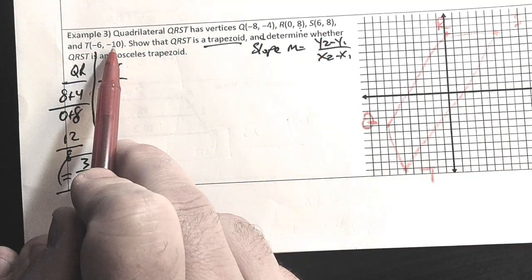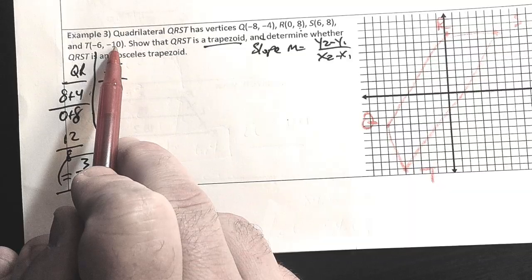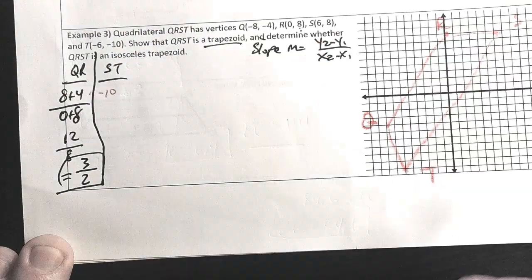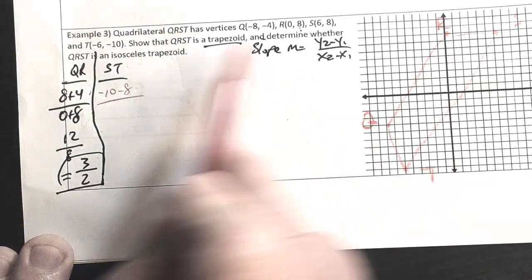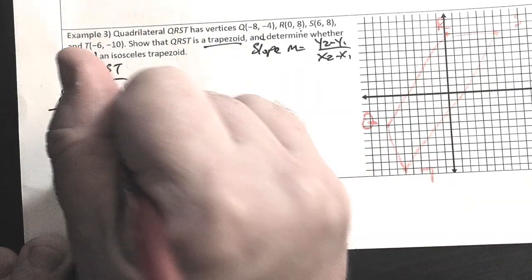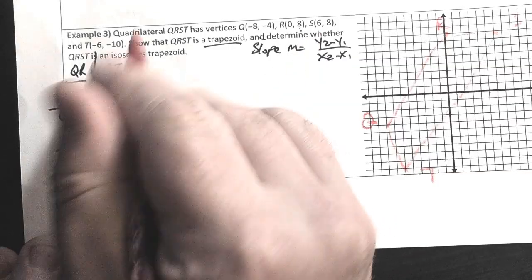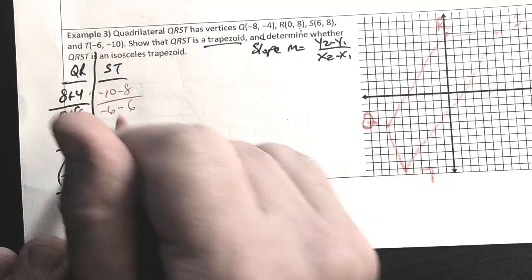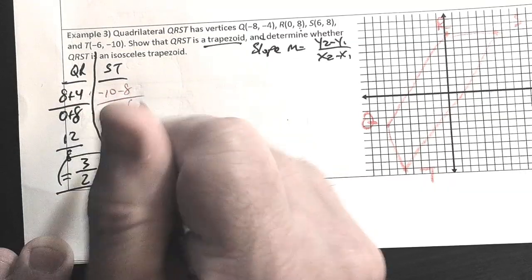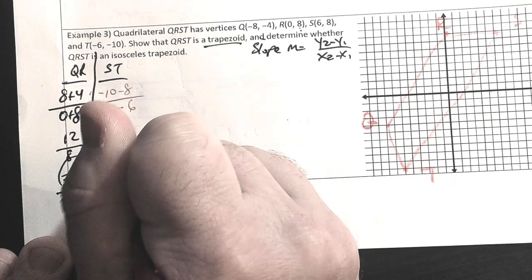All right, ST. So you got negative 10 minus 8, and then negative 6 minus 6. Negative 10 and negative 8 make negative 18.